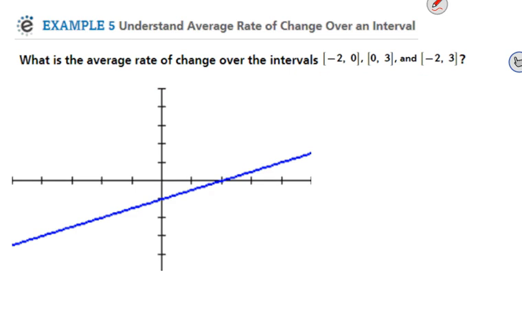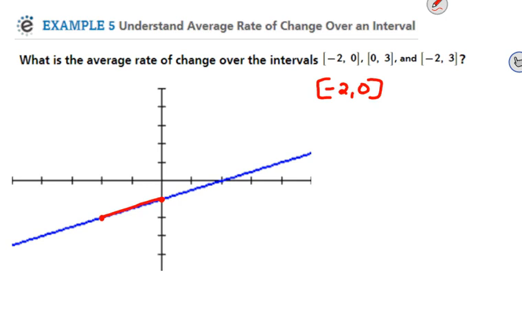All right, here's our next example. We're going to find the average rate of change over the same 3 intervals, but now we have a different graph. Let's start with the interval from -2 to 0. So here's the x value of -2, here's the x value of 0. So we're looking at the graph from here to here. What is the average rate of change?